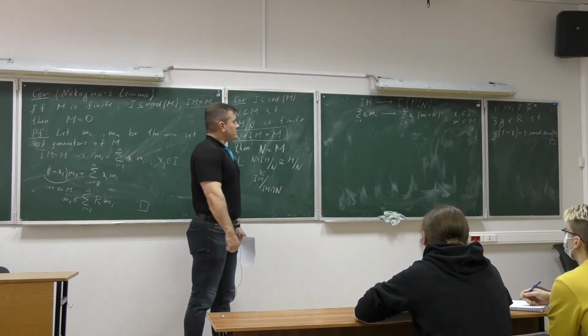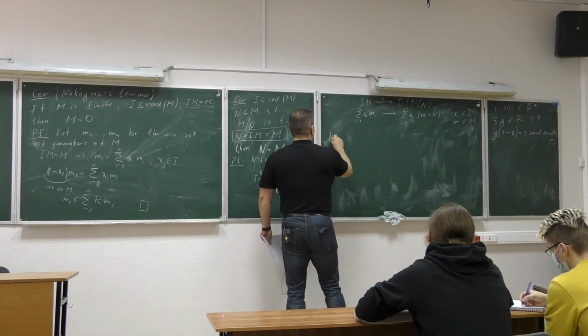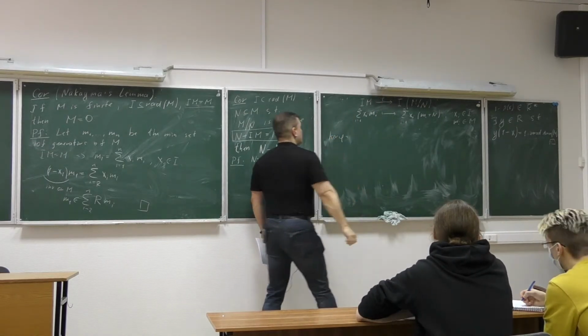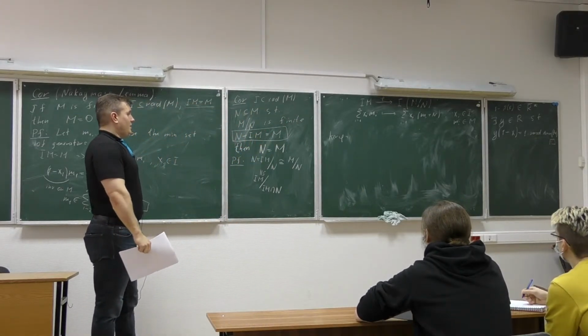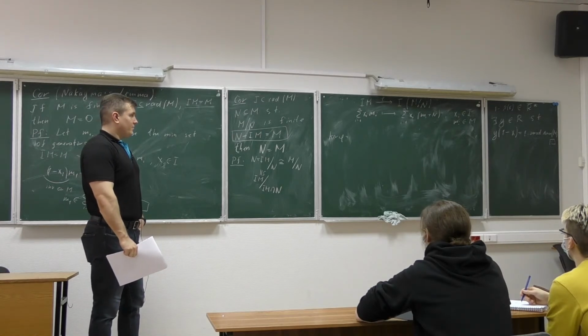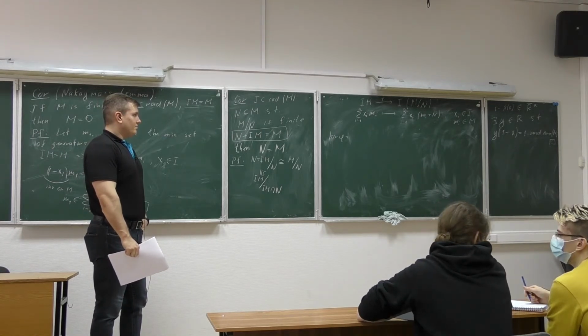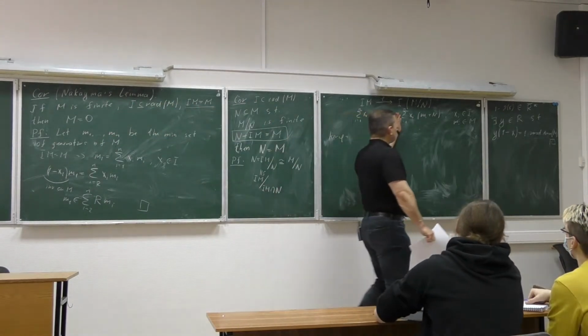Now what's the kernel of this map? So let's call this phi. So what's the kernel of phi? IN maybe? No, you want this sum to be equal to 0, right?